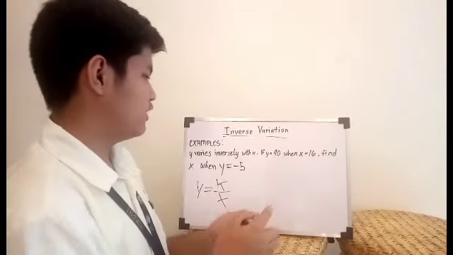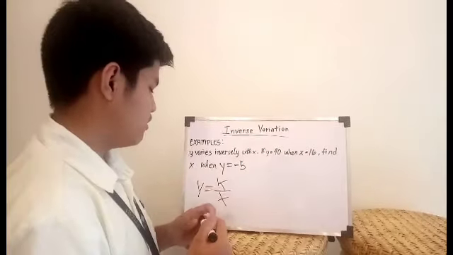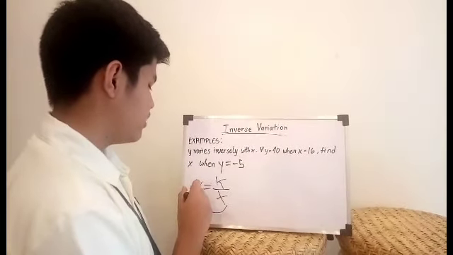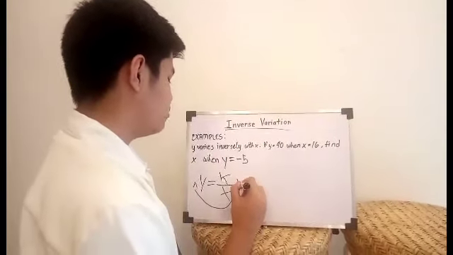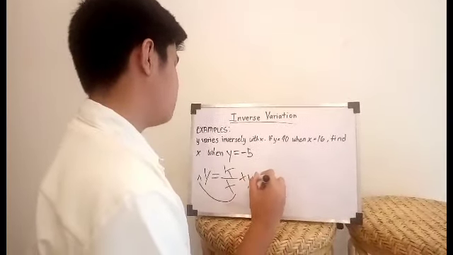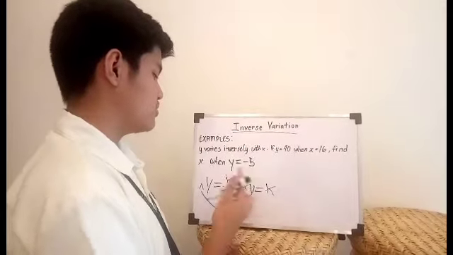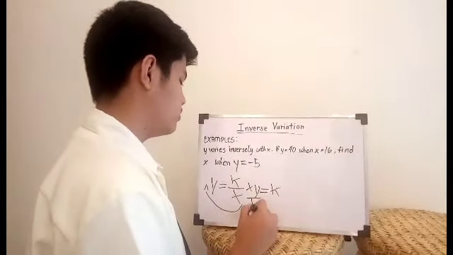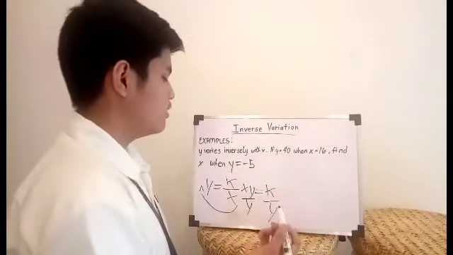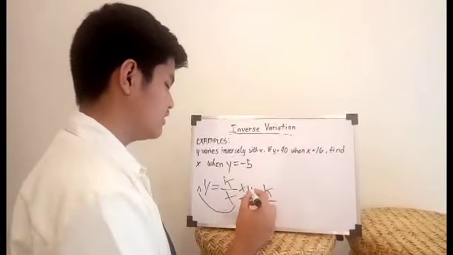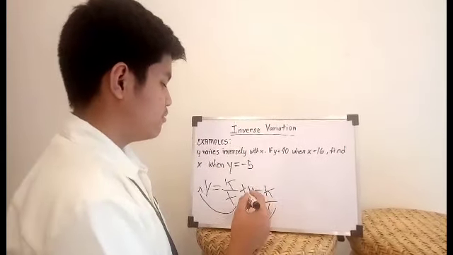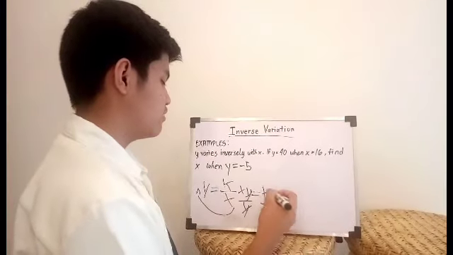Since on the problem we're finding x, we have to move the x to the y. So it will be xy equals k. Then we have to divide both sides by y. So we have to put the denominator so we can divide. Next is we have to cancel y and y. And that brings us to x equals k over y.